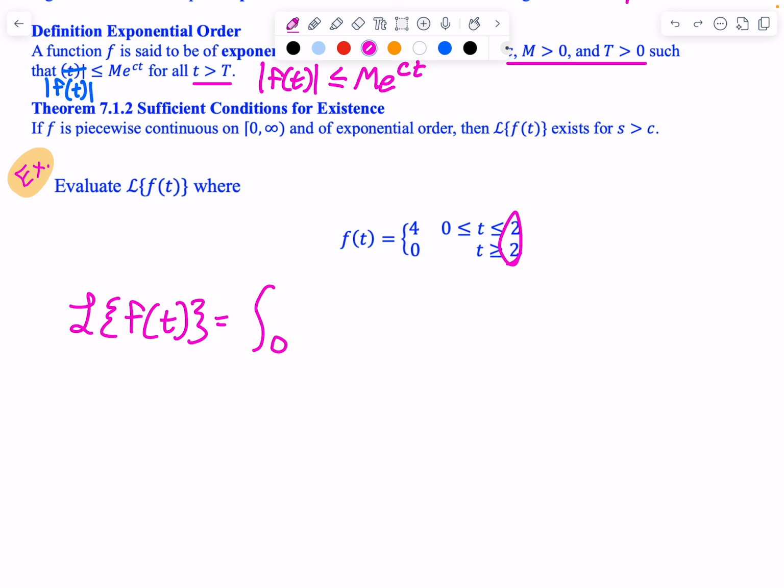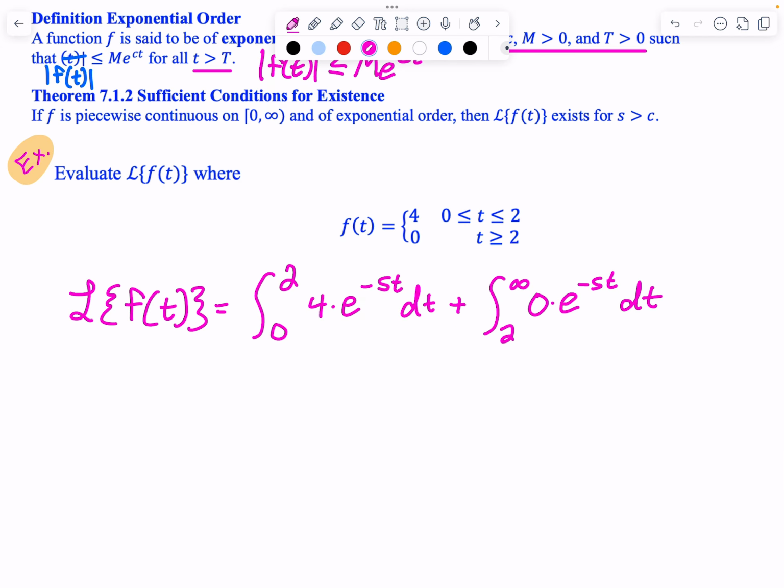Before the transition point, 0 to 2, they say to use 4, so it's 4 times e to the negative st dt. Then plus the integral starting at 2 going to infinity. This one works out really nicely, since the function there was 0, times e to the negative st dt, so this whole integral just goes away. If it were flipped, we'd have to put a number there, and then it just becomes a problem we've been doing. It's really not difficult.